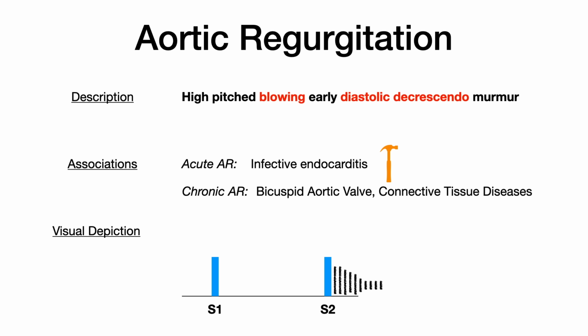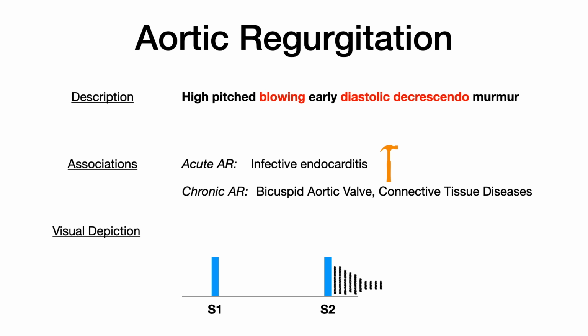And in synchrony with that stroke, they'll bob their head. And this is called de Musset sign. So if you're taking an exam and you see either the water hammer pulse, the rapid upstroke and that rapid collapse, or head bobbing, the test writer is telling you, hey, it's aortic regurgitation.